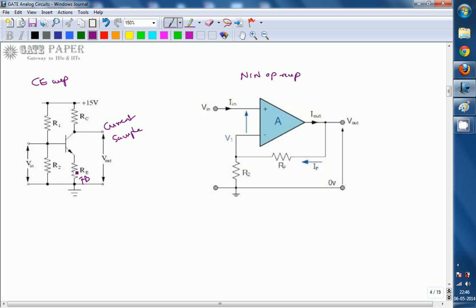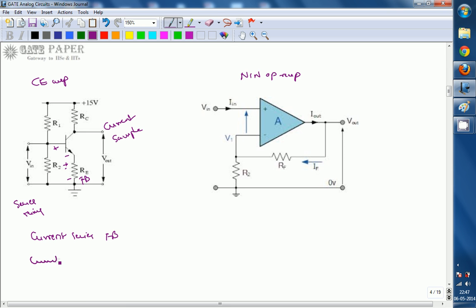The voltage across the feedback element is taken from the output loop, not from the output node directly. And here it is V input. V input is going to be in series with the feedback element. If you write a KVL, you will get this one. So this is going to be treated as series mixing. So the CE amplifier is nothing but current series feedback.